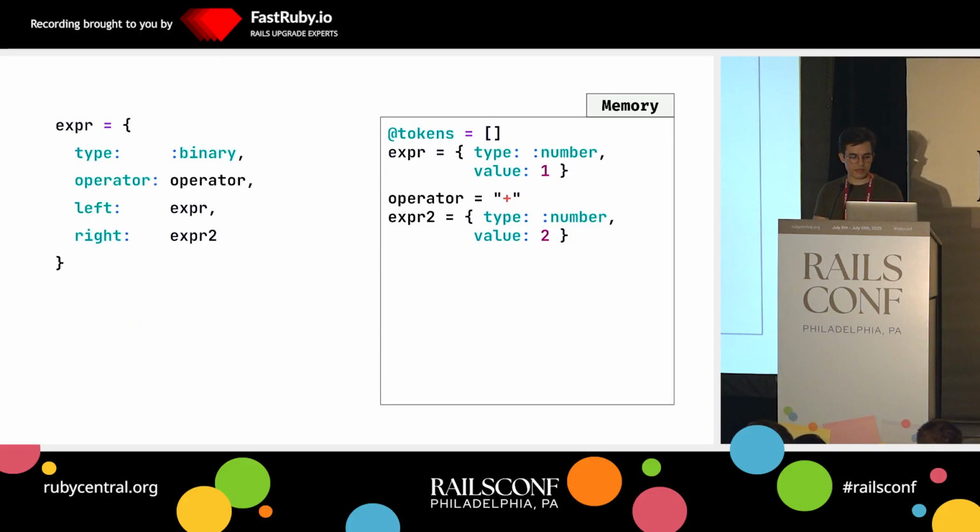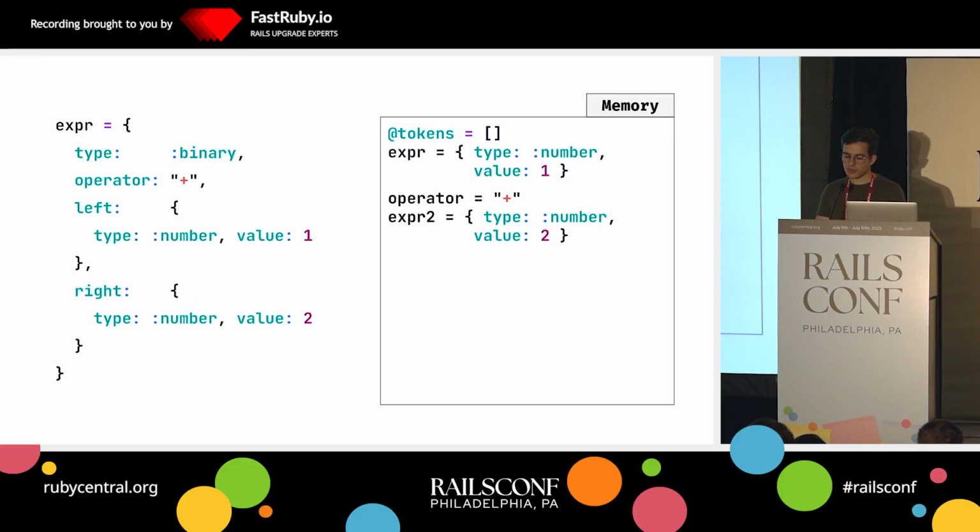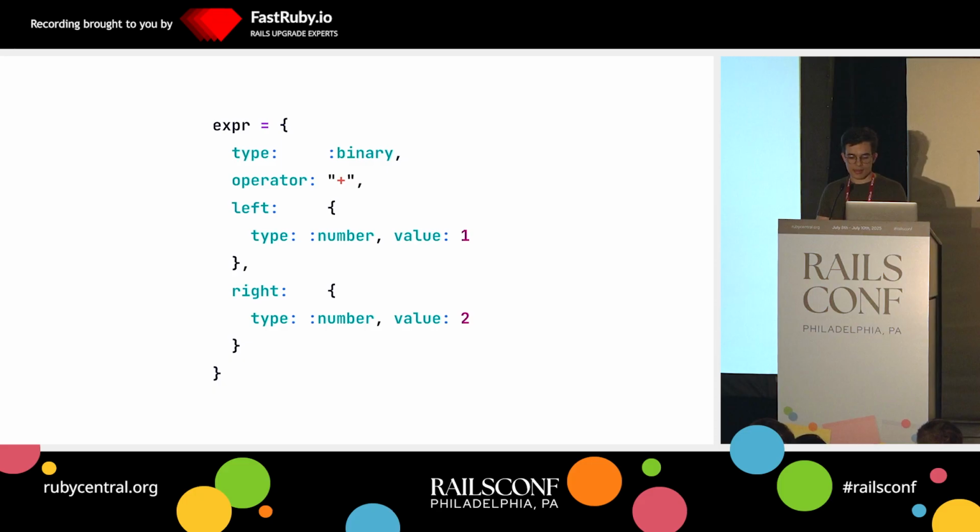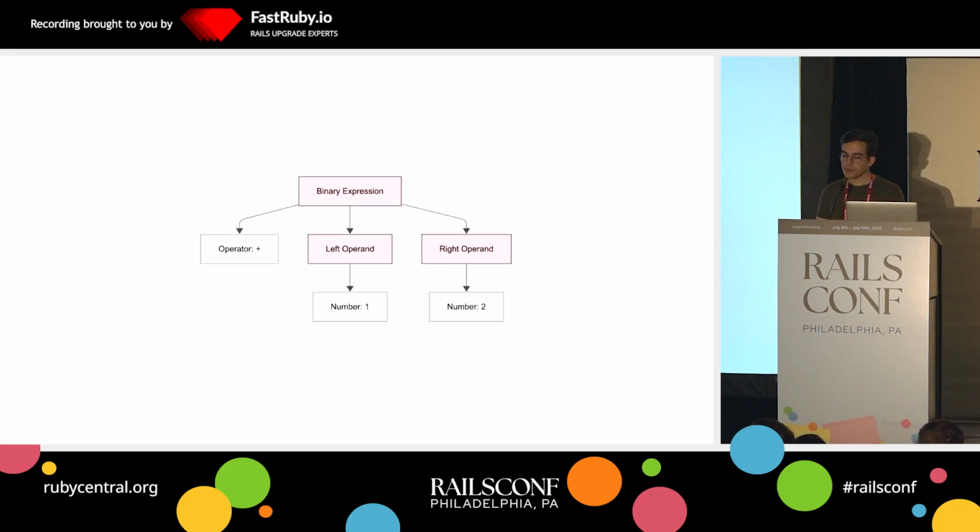And we'll just replace the values here. The operator is plus, first expression is the number 1, and the second expression is the number 2. And that's it. We just built that tree, that structure that I mentioned that had the order of operations. We call this an abstract syntax tree, also called AST for short.